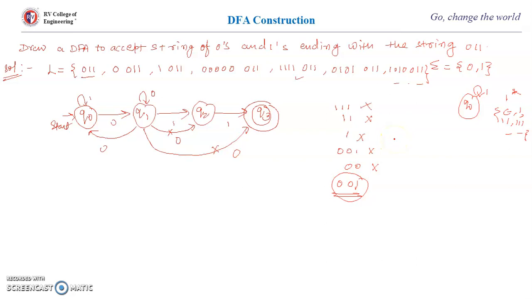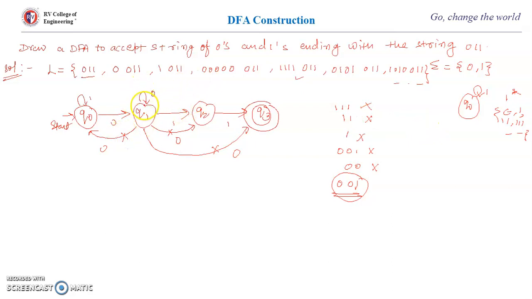Whenever we are constructing a finite automaton, always remember that the machine should always accept all the valid strings. If it is not accepting even a single valid string, the DFA is not correct. And if it is accepting any one invalid string, it is also not correct. It has to accept all valid strings and should not accept even a single invalid string. So this is also wrong.